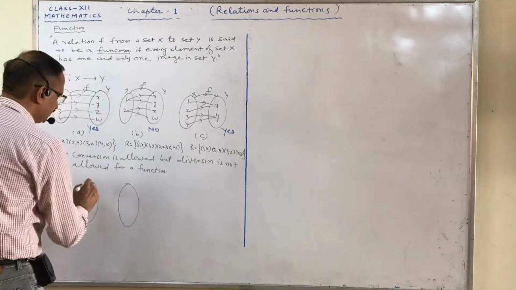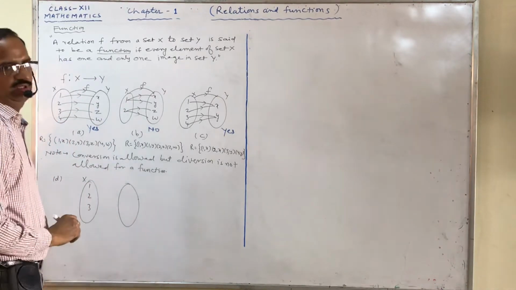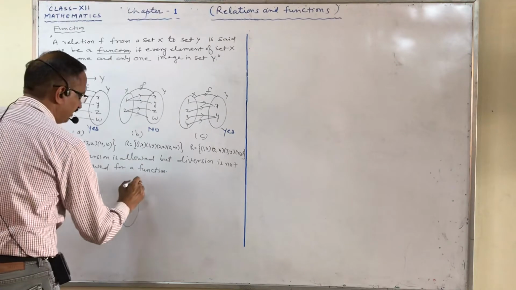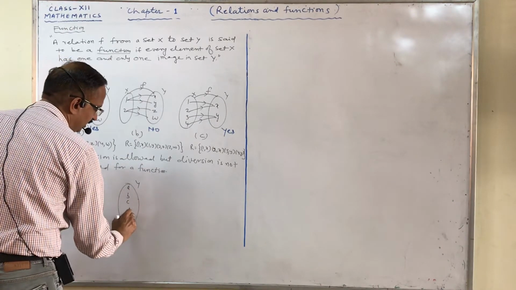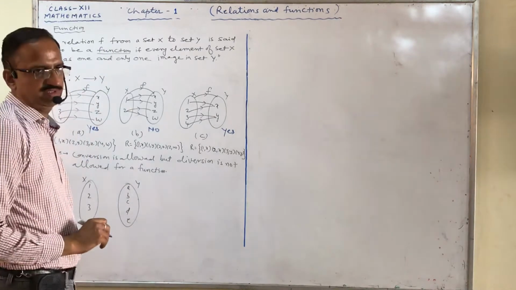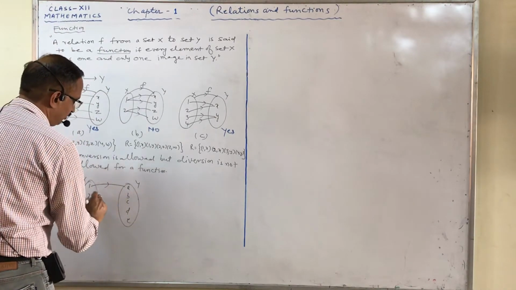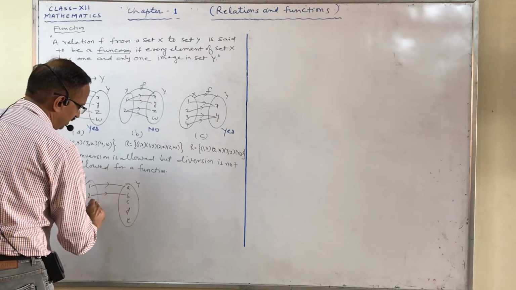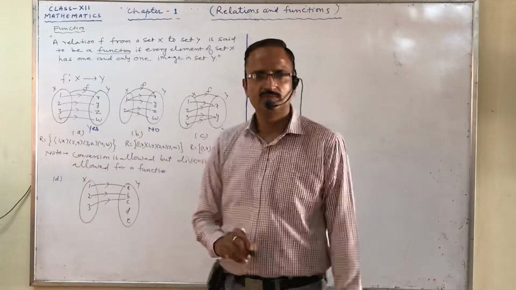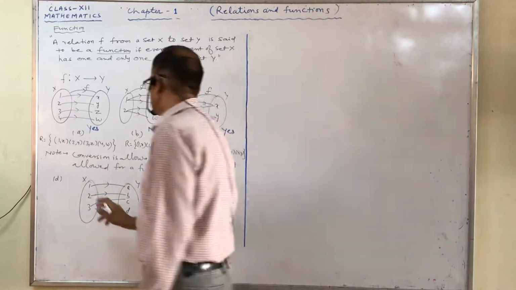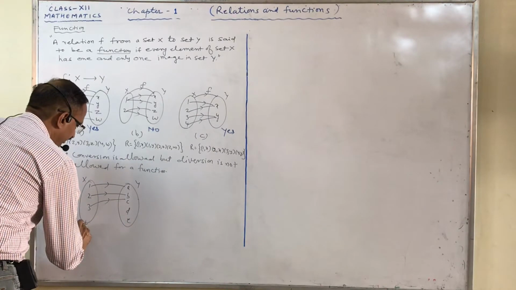Suppose x has elements 1, 2, 3, and set y has A, B, C, D, E, 5 elements. 1 is related to A, 2 is related to B, 3 is related to C. This set of elements is called the domain.